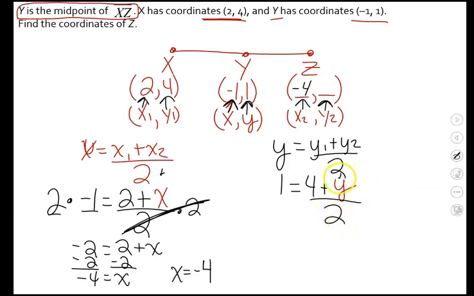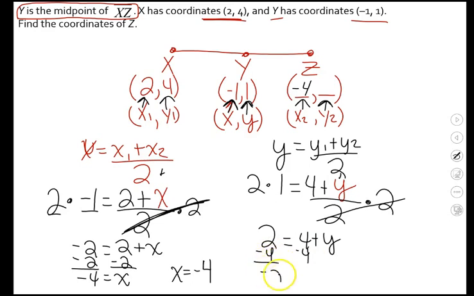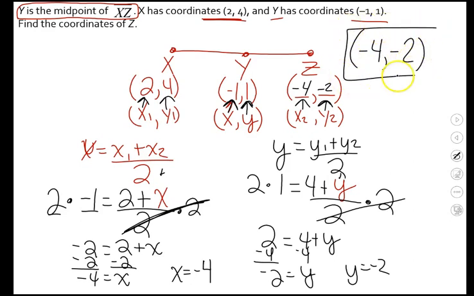Again, our variable's here, so we need to get rid of that fraction. Let's multiply both sides by 2. And 2 equals 4 plus y. I'm going to subtract 4 from both sides, and y equals -2. So my final answer would be (-4, -2). Those are the coordinates of that endpoint.